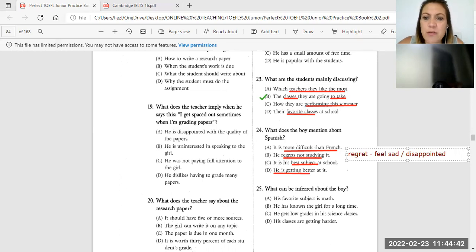Okay, now let's have a look at it again. Why is the boy saying, I'm taking French, but I wanted to take Spanish, but it's too late now? So he's not saying that French is difficult. Look at number A. He's not saying it's difficult. He's saying he's taking French.